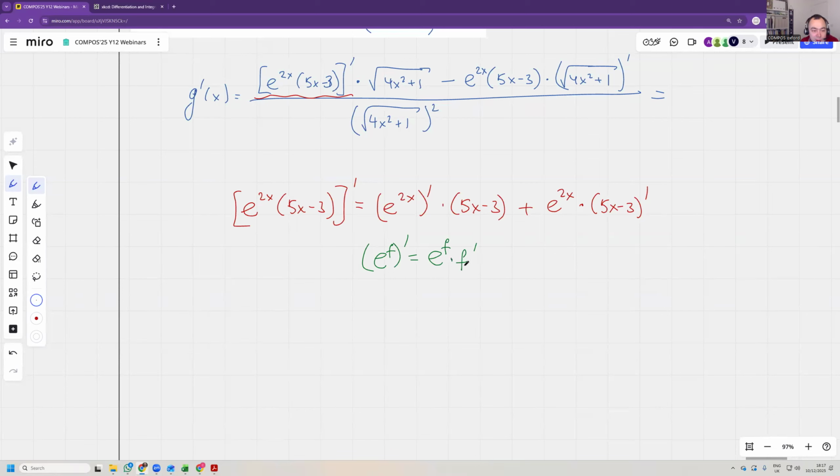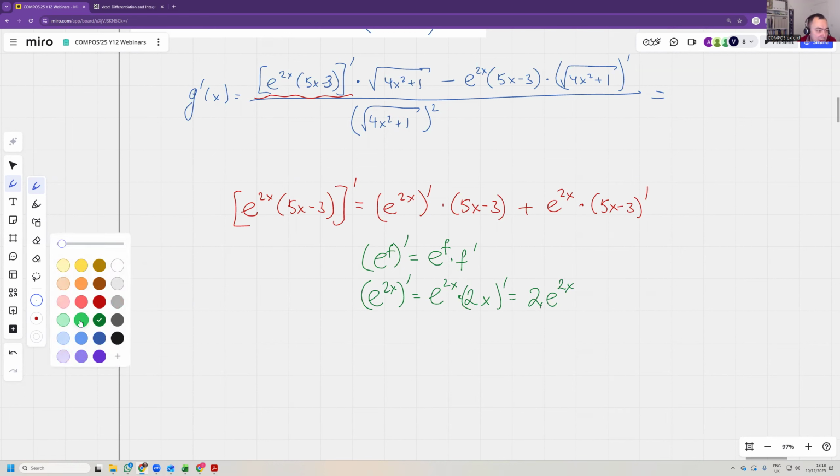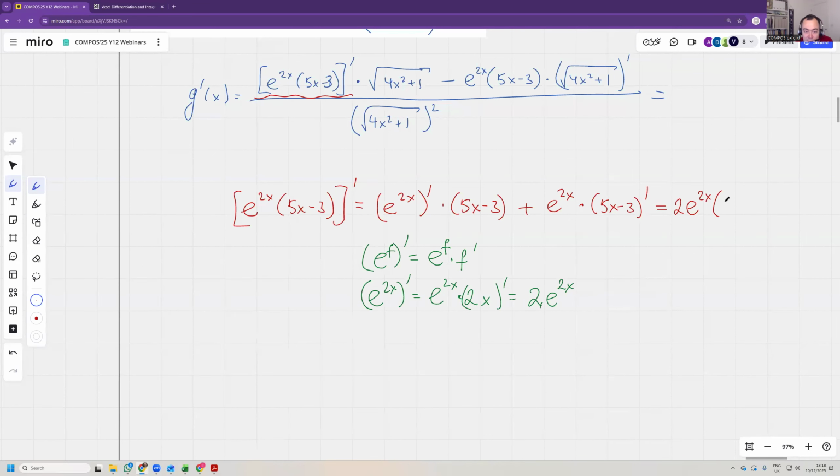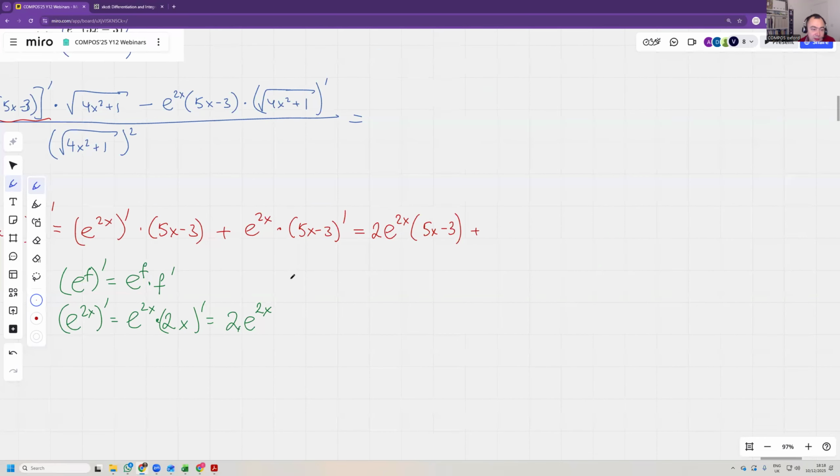That means that (e to the power 2x) dash is e to the power 2x multiplied by 2, the derivative of 2x, which is 2e to the power 2x. So that's going to be 2e to the power 2x (5x minus 3) plus, well, that's 5, as a matter of fact. The derivative of 5x minus 3 is just 5, so it's plus 5e to the power 2x.